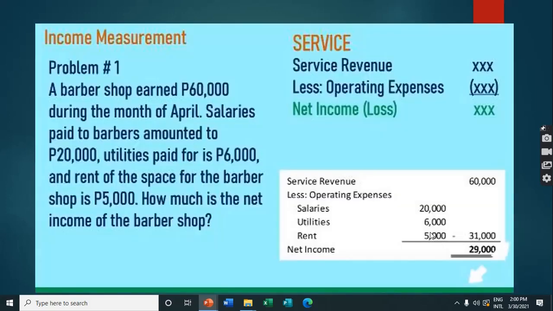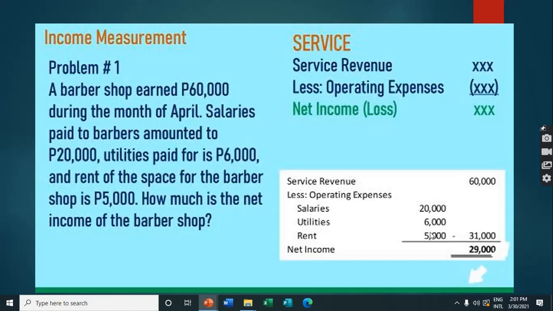Now, let's go to income measurement ng service business. So, magsasolve tayo kung paano na-measure yung income under service business. So, let's take this problem number 1. So, a barber shop earned 60,000 during the month of April.